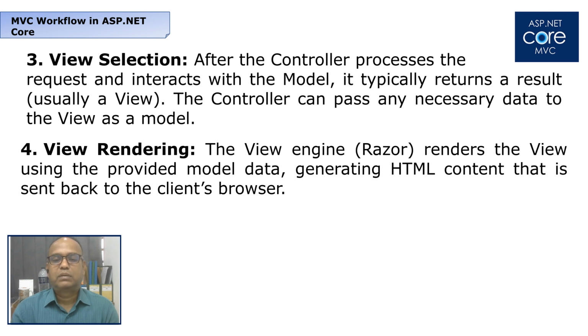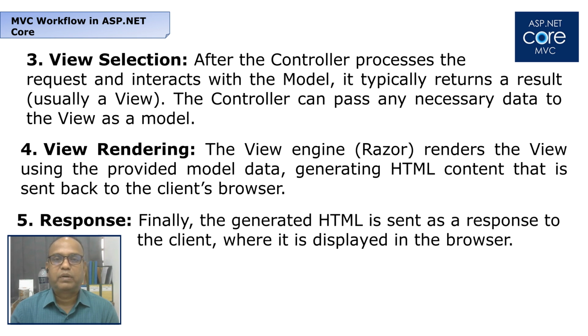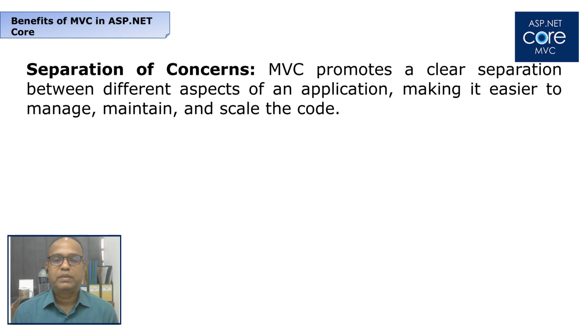The view engine Razor renders the view using the provided model data, generating HTML content that is sent back to the client's browser. Number 5. Response. Finally, the generated HTML is sent as a response to the client, where it is displayed in the browser.